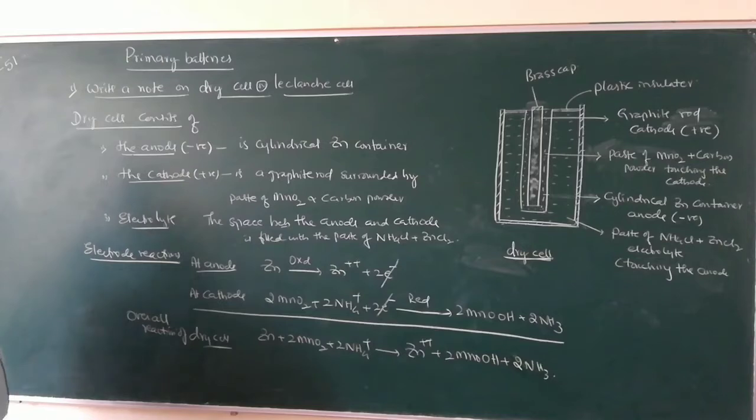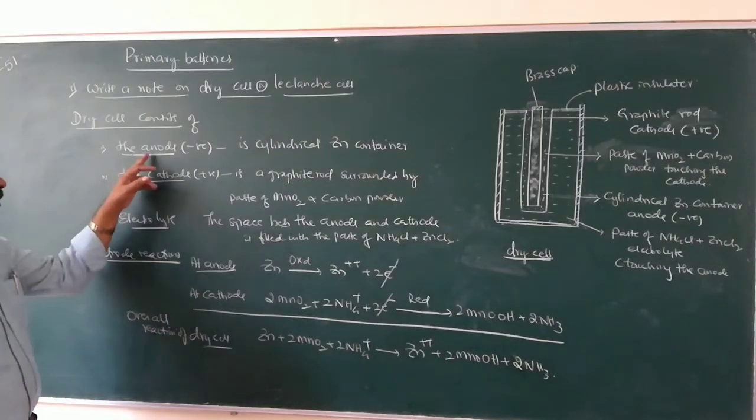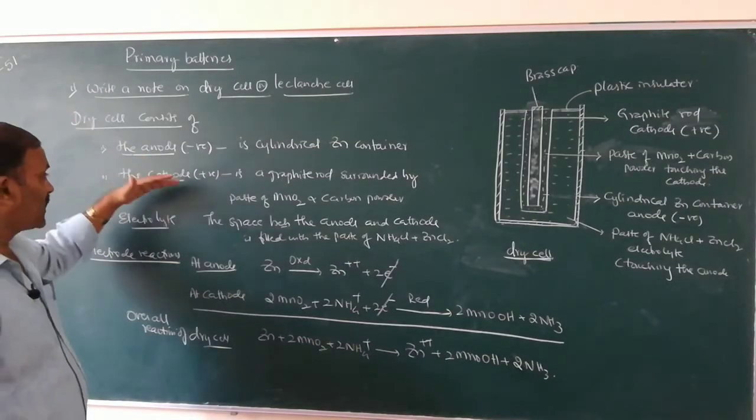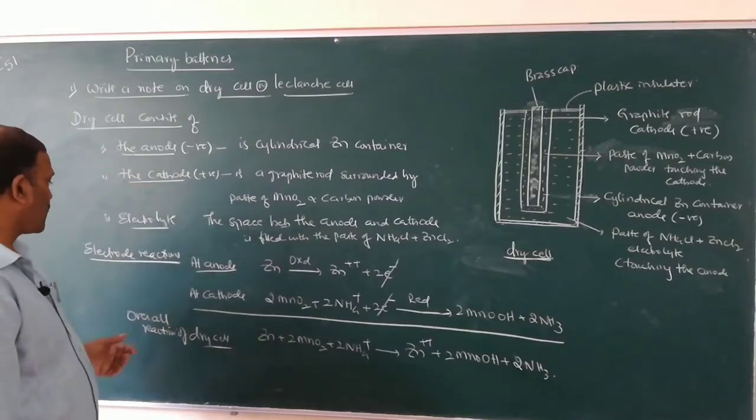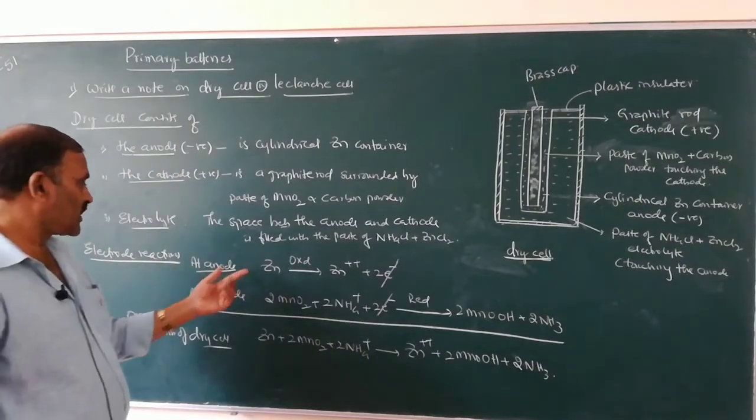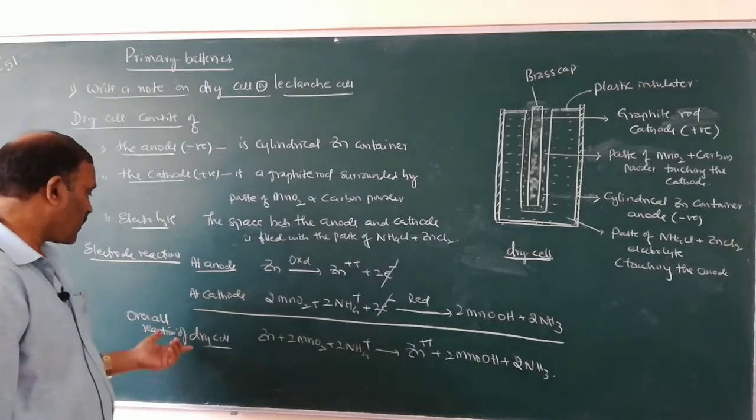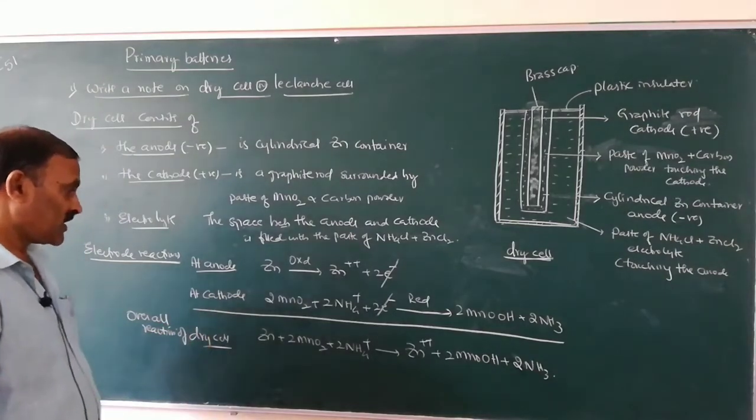So you may be asked, which is the anode in the dry cell, which is the cathode, which is the electrolyte, what is the anode reaction, what is the cathode reaction, what is the overall reaction.